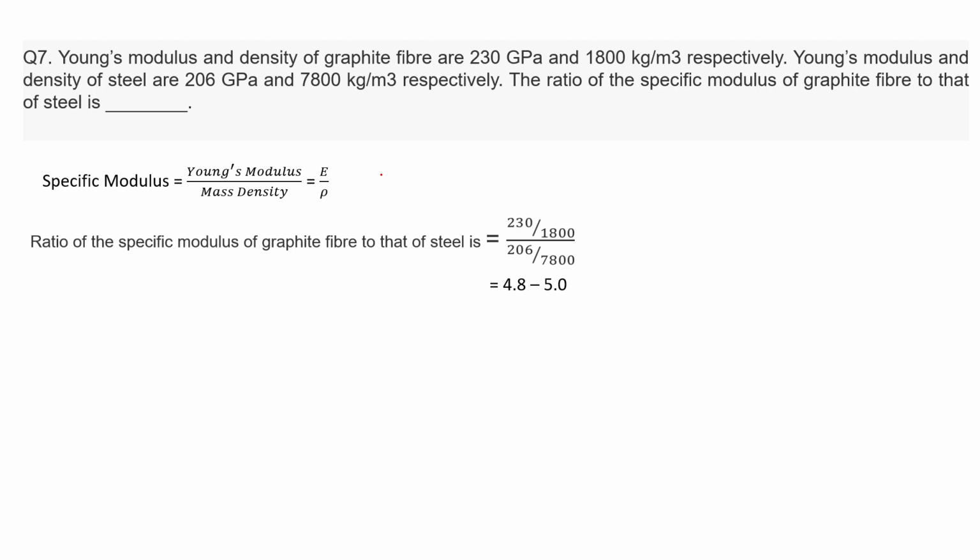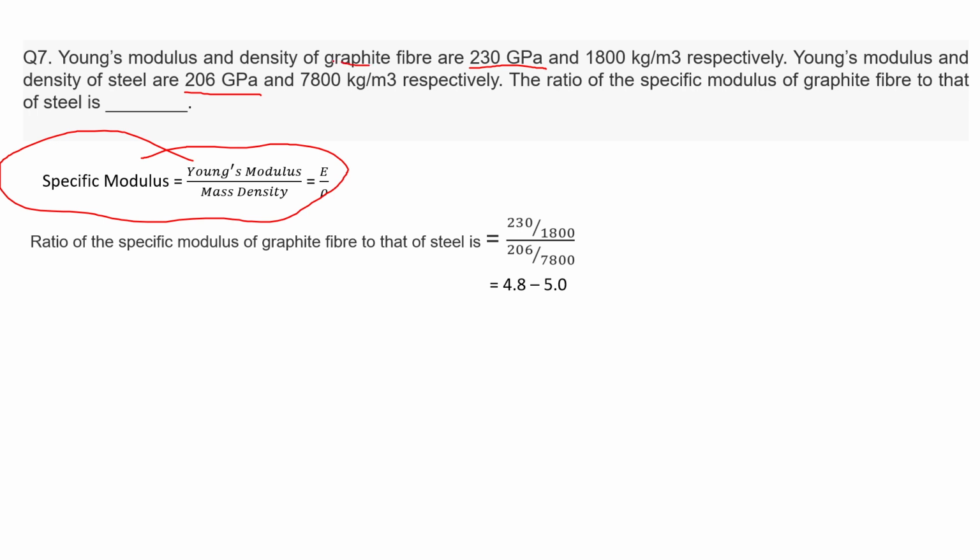So from that concept comes this question, where they are comparing the specific modulus. Now the specific modulus formula you can see here. It is Young's modulus divided by the mass density. So the Young's modulus of both the reinforcement fiber and the metal will be comparable. You can see the graphite fiber, which is the reinforcement here, has a Young's modulus of 230 gigapascal and that of steel is 206 gigapascal.